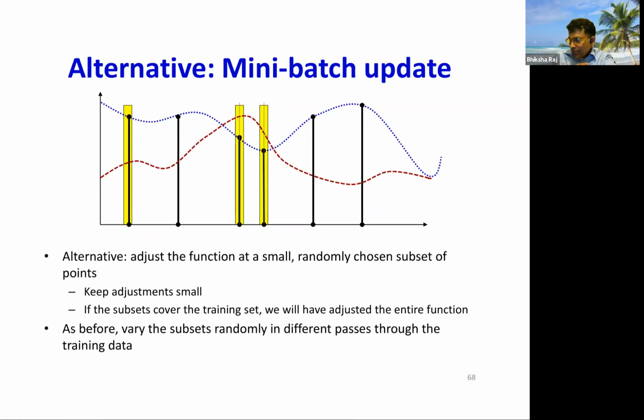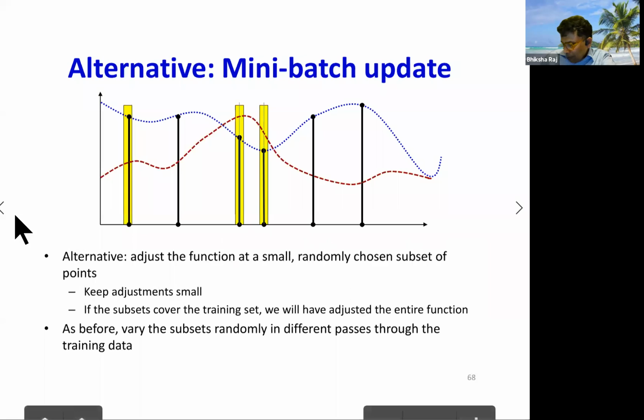Instead of either updating the function at all training points simultaneously or updating it at only one point, we are going to sample a random subset from our training data, what we call our mini batch, and update the model there.